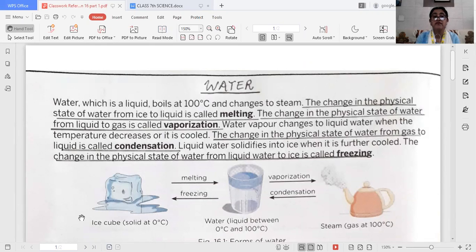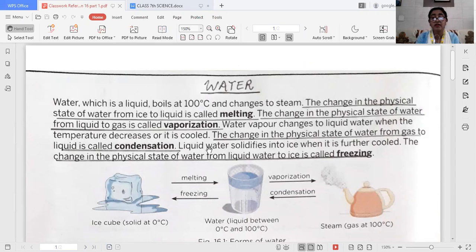The change in the physical state of water from ice to liquid is called melting, because here the solid is melting. The change in the physical state of water from liquid to gas is called vaporization. And the change in the physical state of water from gas to liquid is called condensation.